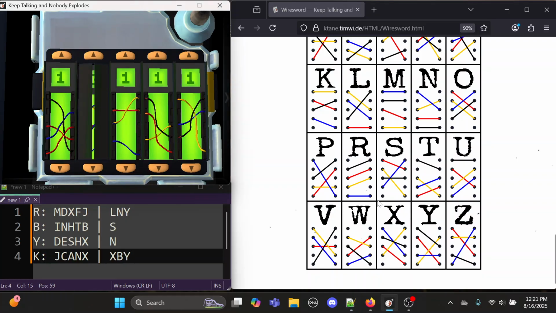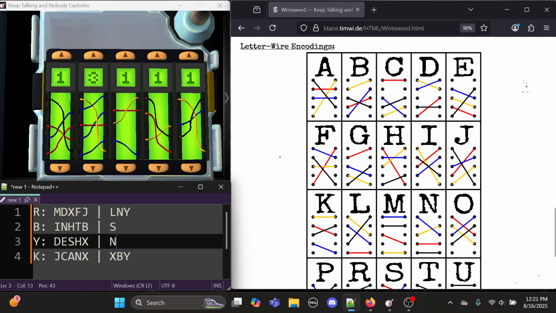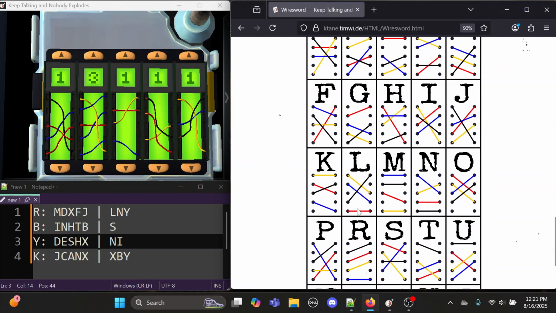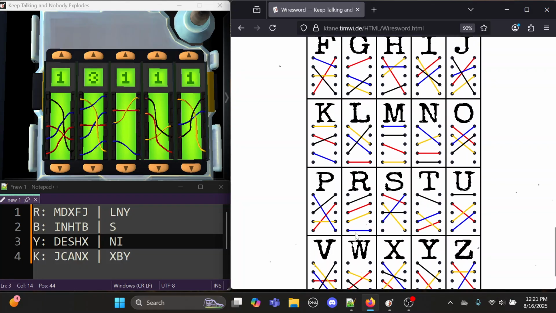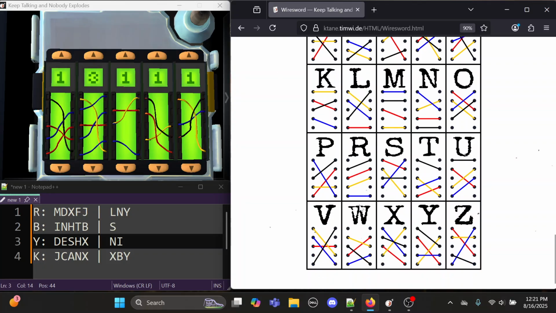Okie dokie. Oh my god, okay. A yellow 1-5 is an India. We're getting a ridiculous amount of options. A red 3-3 is a Victor.